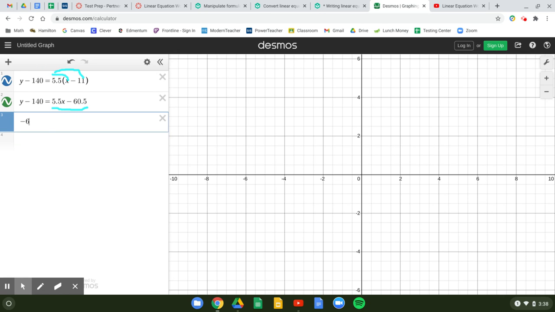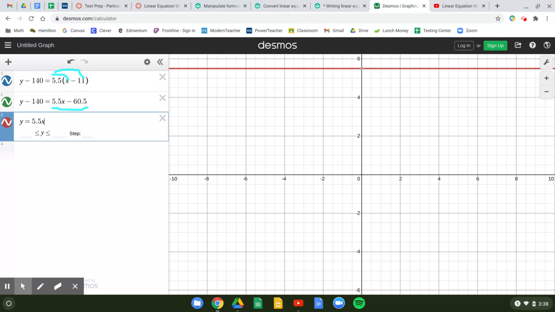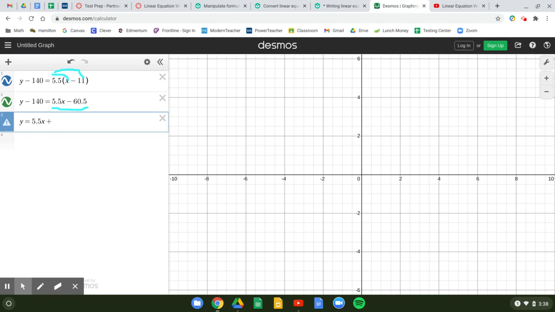So my final equation would look like this. Y equals 5.5x plus, oh no, I forgot what the number was. Negative 60.5. Sorry. 79.5. That's what I get for talking too much.